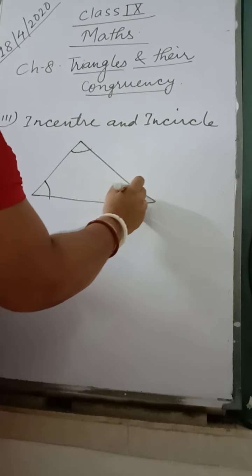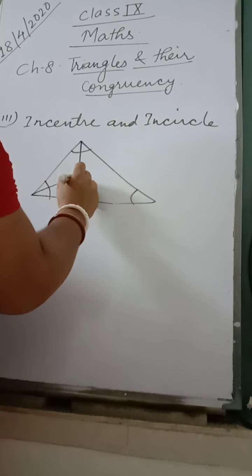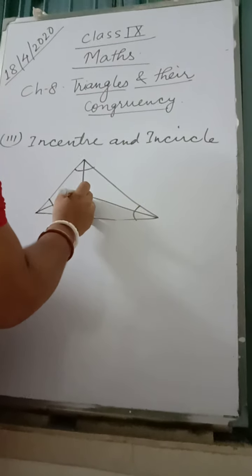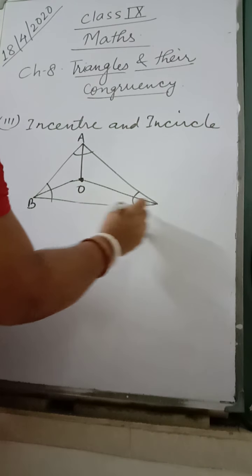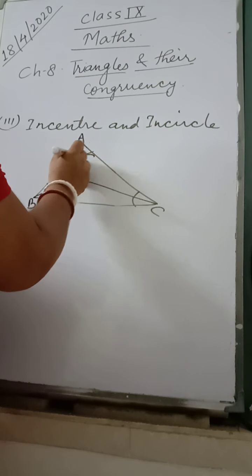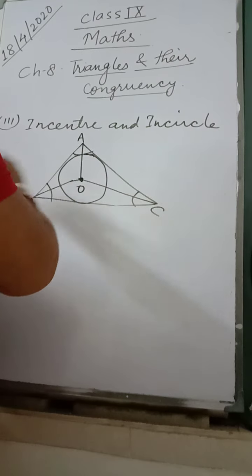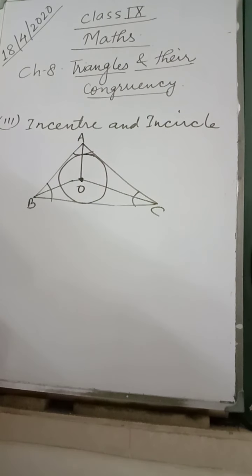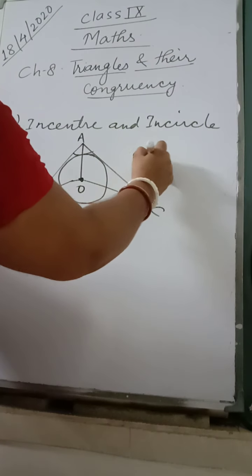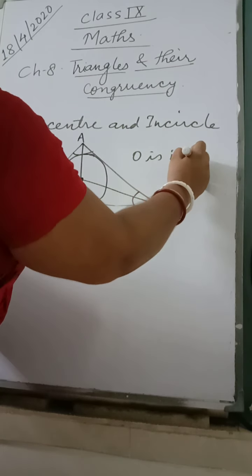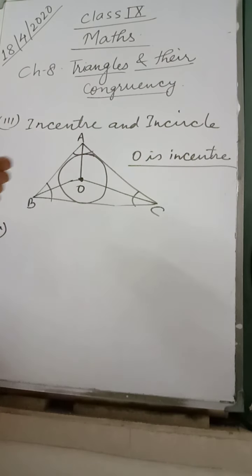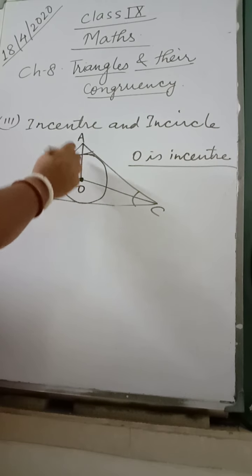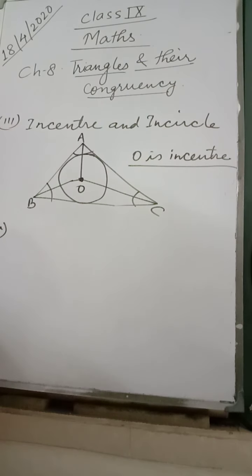When these angles are bisected and they meet at a common point, this is known as the incenter. And from this point, a circle is drawn which touches all three sides of the triangle, known as the incircle. This O is the incenter, the point which we get after bisecting the angles of a triangle.